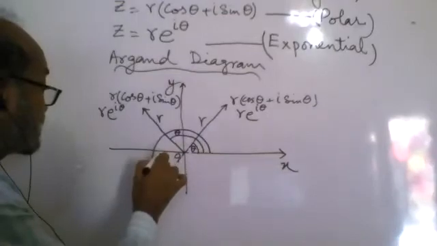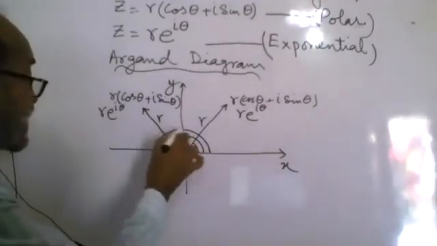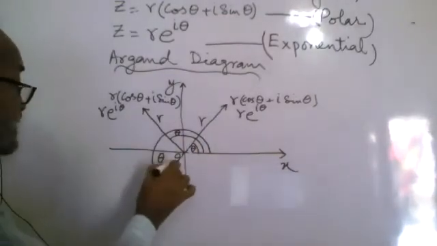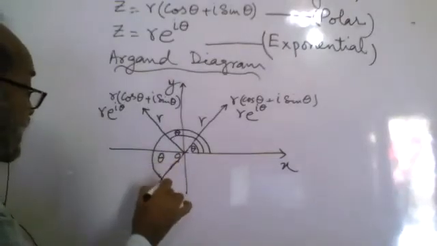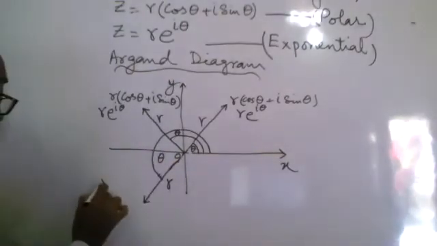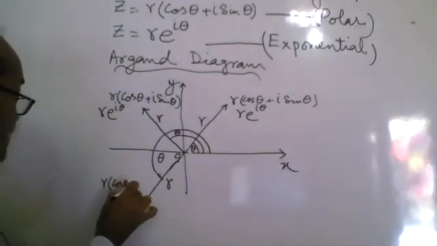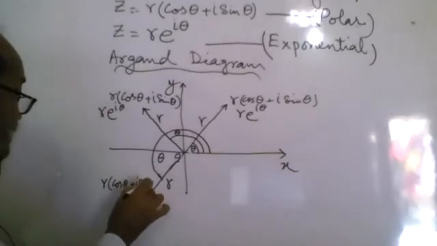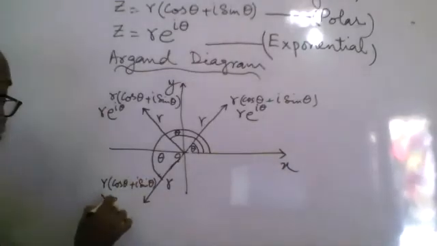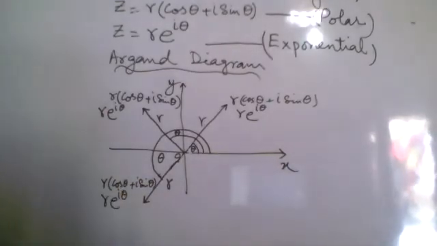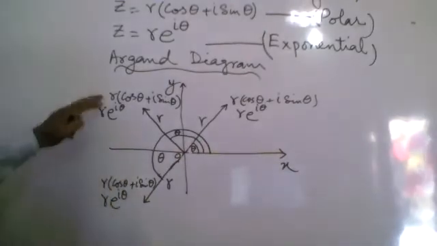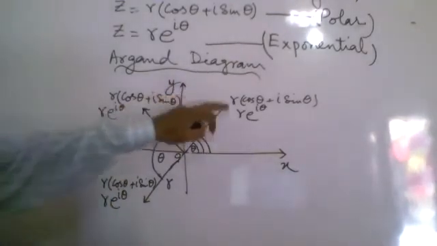Now this is theta. This is the angle theta, and this is the length r. So it will become r cos theta plus iota sin theta or r e raised to power iota theta. In both cases, if it is polar form, you will write only the polar form. No need to write both the forms.